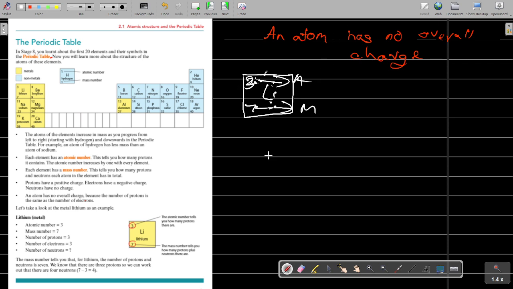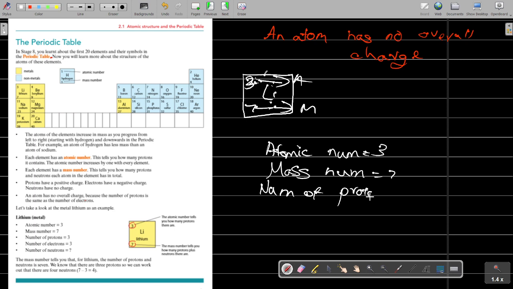Atomic number is equal to 3. Mass number is equal to 7. Number of protons is equal to 3.